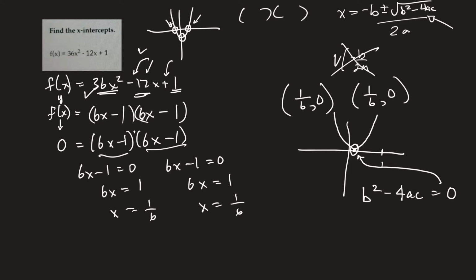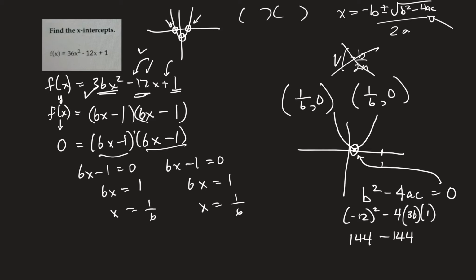So b squared, so negative 12 squared minus 4 times a, which is 36, times c, which is a positive 1. Negative 12 squared is 144. 4 times 36 is 144, times 1 is 144.